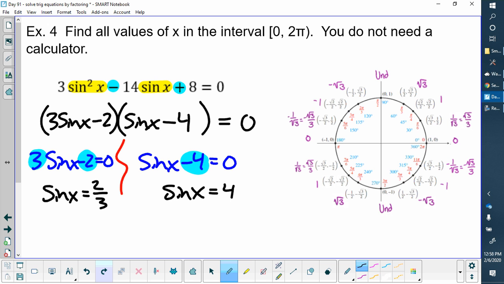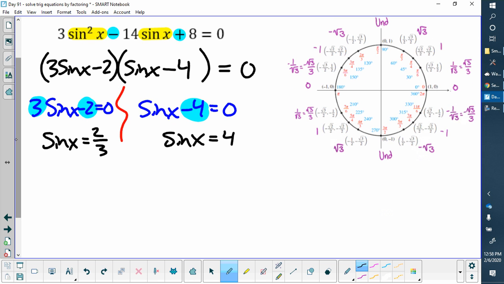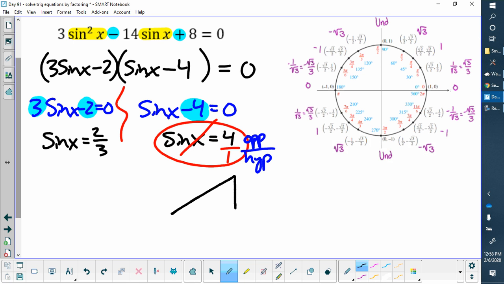Now, one of these is impossible. The one on the right here is never going to work. The reason being is I know sine is opposite over hypotenuse. And if I were to draw a quick picture of this, that's telling me that if I had a reference angle here, I don't know what it is, the numbers that would plug in would be 4 over 1.